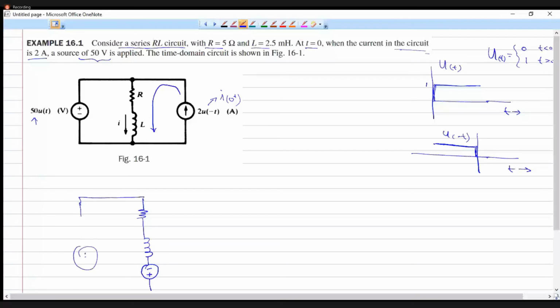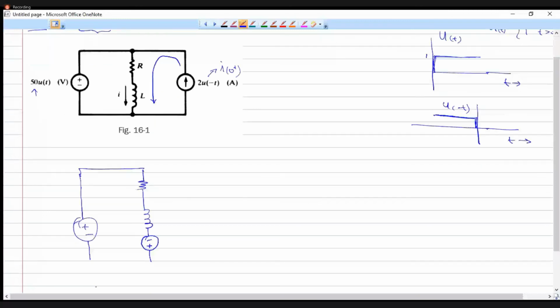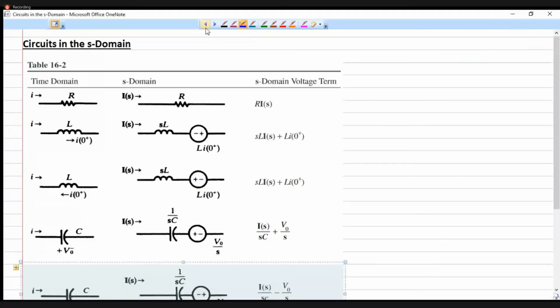This is our voltage source which is attached at t equal to 0. Now I have to write these values. R is to be replaced with R only. For the resistor, we replace it with R itself. For the inductor, the current is in the same direction as the applied current, so polarity is marked in that manner.